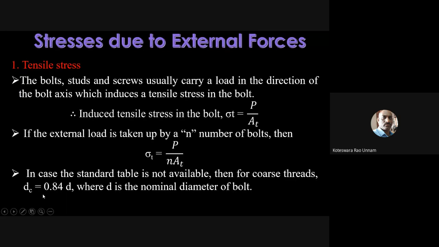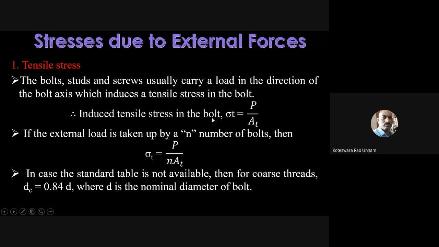And also, suppose you don't have standard data for this AT. We already discussed how to get the tensile stress area from the data book; we are familiar with that. Now suppose this data is not available, how will you decide this AT, or how will you pick the AT value from the data book?